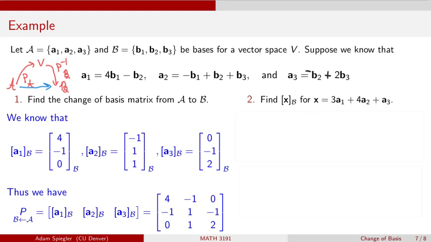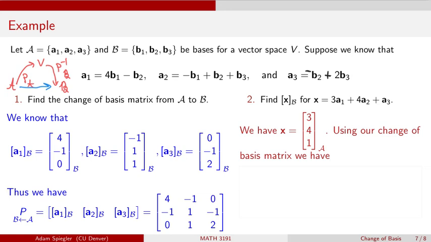And we would like to express x in terms of what are the weights that we would need to combine b1, b2, and b3 to get this same vector back relative to basis B. So now I've got this change of basis matrix. So I have a vector which is written in A coordinates as 3, 4, 1, and I'm getting this from the 3, the 4, and the 1 being the weights in front of A1, A2, and A3.